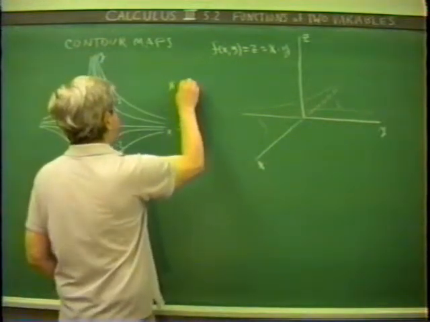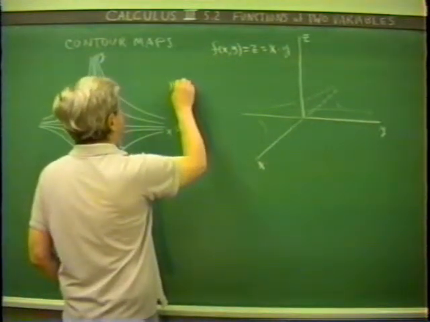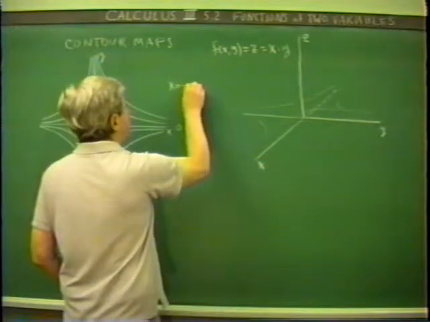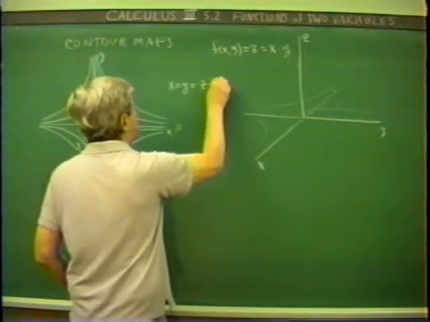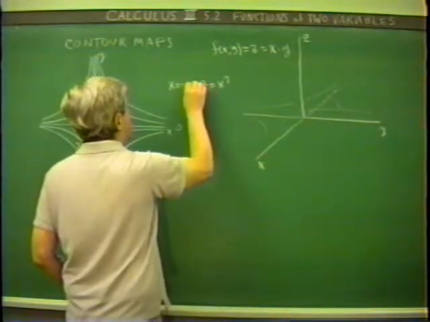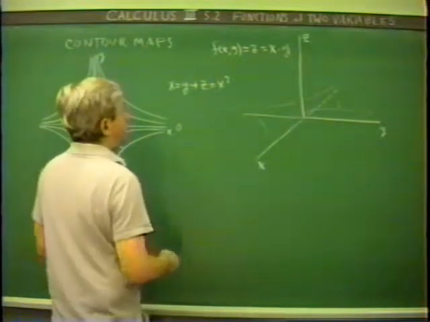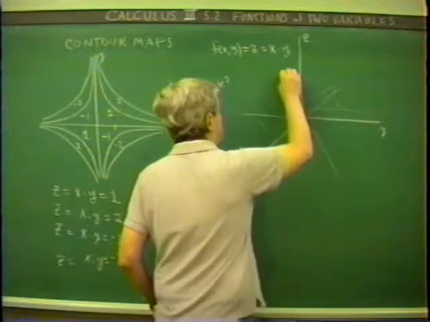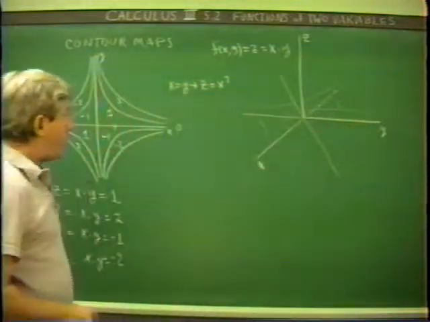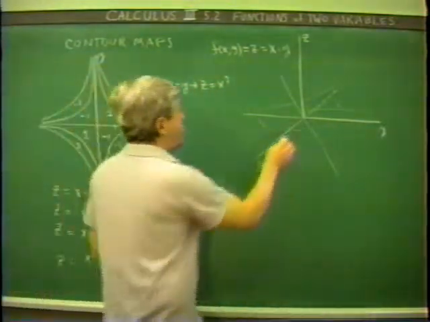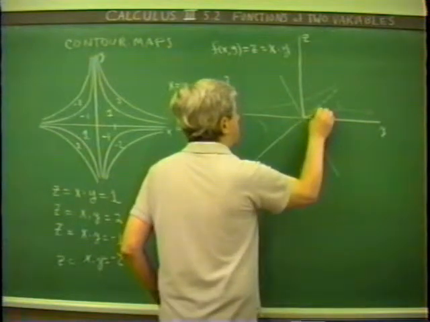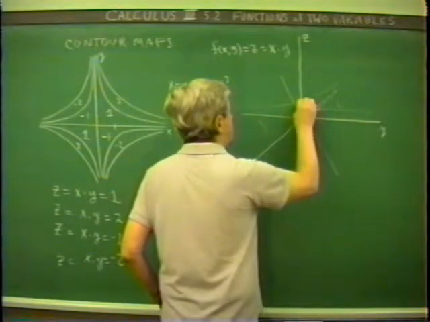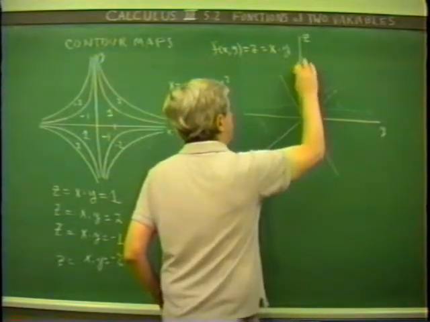And we can see that by looking at the graph of when x is equal to y, in which case we get z equals x squared. Right? So along the line x equals y, the graph of this looks like z equals x squared, or like so, and so forth.